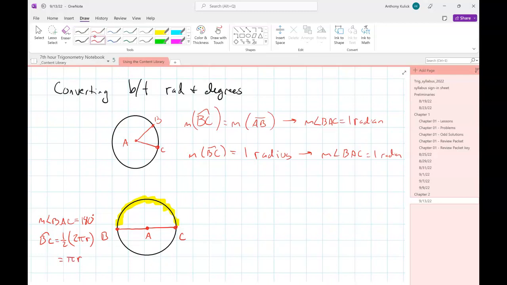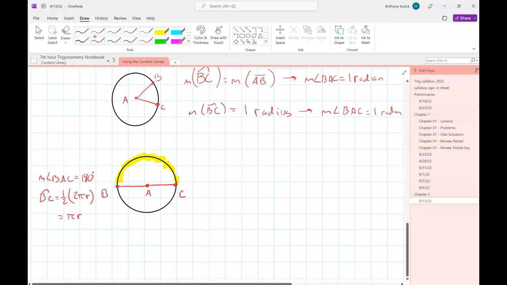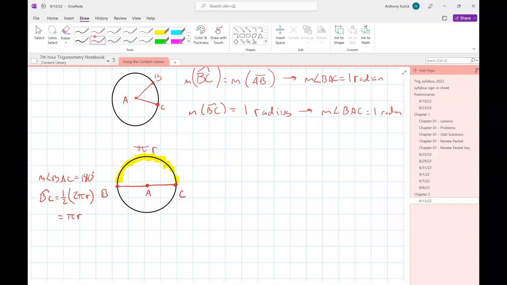Everybody's okay with that. So we have an arc length that is pi radii. I guess the plural for radius is radii. Everybody's okay with that? That arc length is pi radii long.